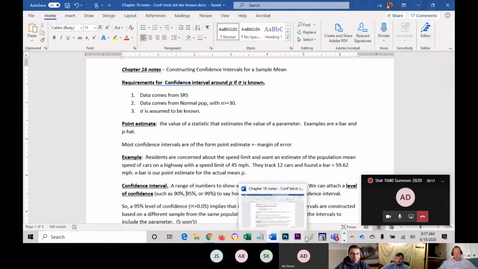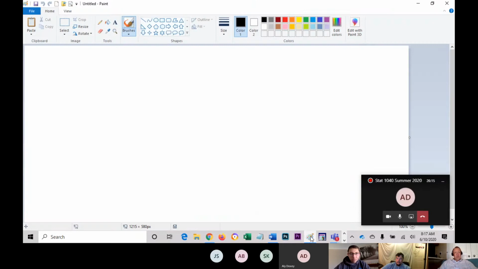Let me pull up my paintbrush here. Okay. So the idea here is, if your data is normally distributed, and if our sample is large enough, then typically, this is the population mean.